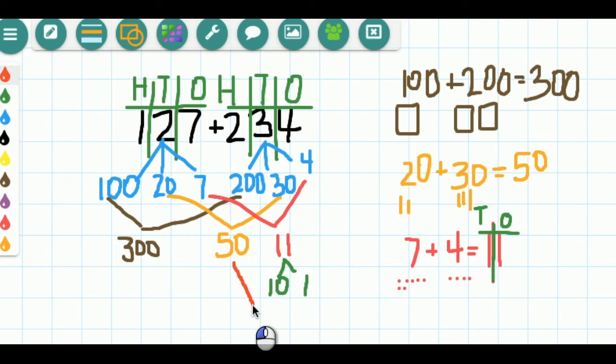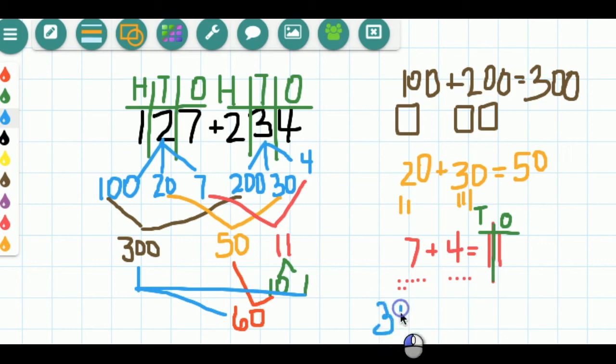So 5 tens plus 1 more 10 is 6 tens, so 60. And then we put our hundreds, tens, and ones together. We have 3 hundreds, 6 tens, and 1 one. So 300 plus 60 plus 1 equals 361. We can do that off to the side just to be sure.